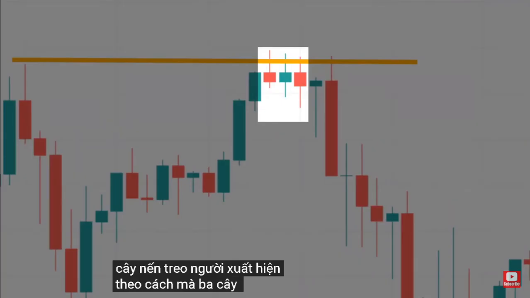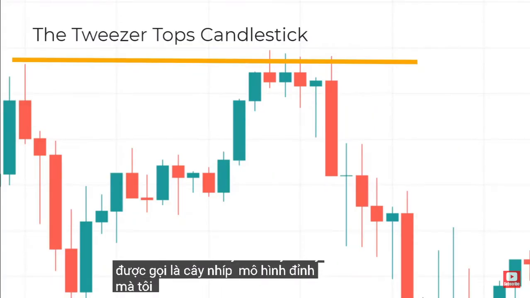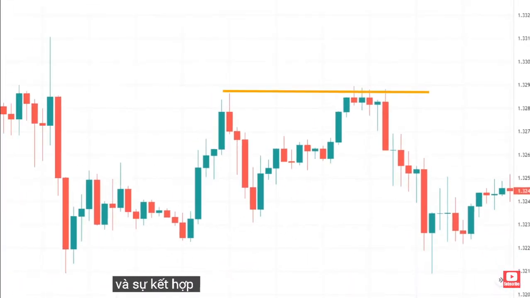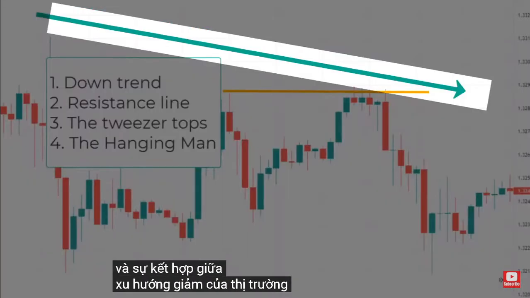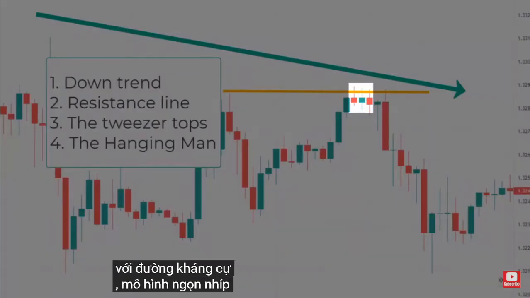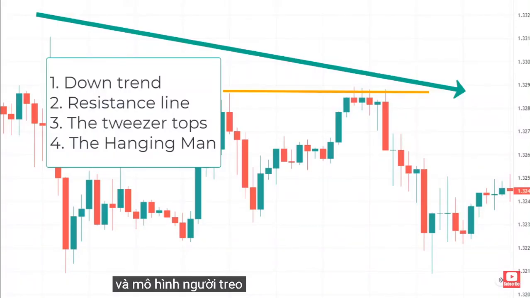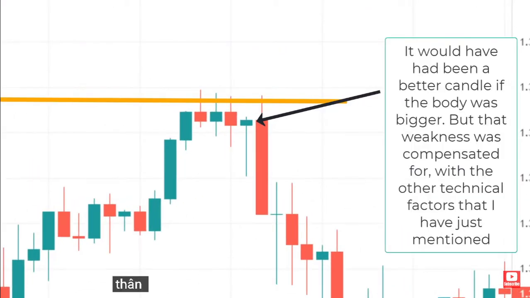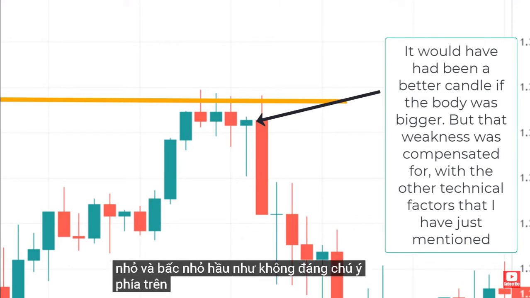By the way, these 3 candles here are called the tweezer tops pattern, which I will talk about later in this video, and the combination between the market downtrend, the resistance line, the tweezer tops pattern, and the hanging man pattern. All these technical factors have worked together in a combination and has given us a stronger sell signal. Notice the small body of the candle and the small, barely noticeable wick above it.